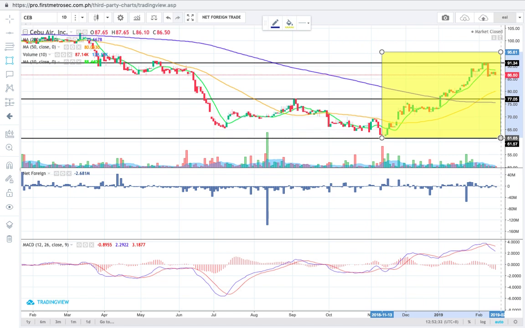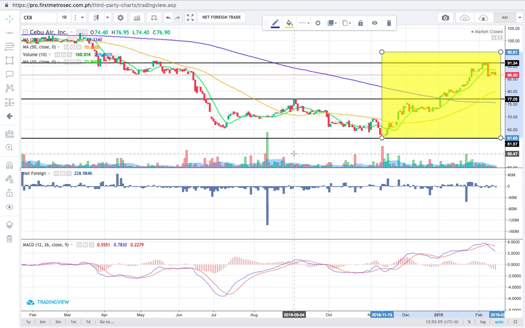Those days did not happen yet during that time. So, knowing that we only see these candlesticks to the left side of this yellow box, where do you think we should put our resistance? Of course, at 77.05, this one here. That was the old resistance level back then.